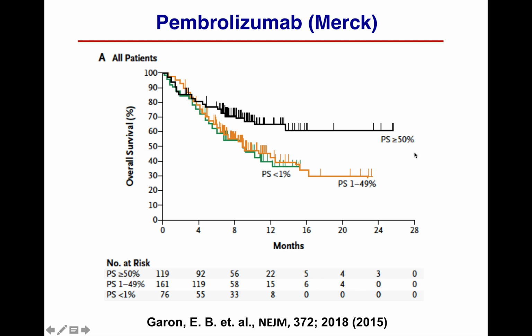If they have expression greater than 50%, then you see 60% survival for 3 years versus 30%. So it does matter. Again, this is what we're trying to look for: raising this bar. These are the survival curves, so the number of people who survive is much longer.